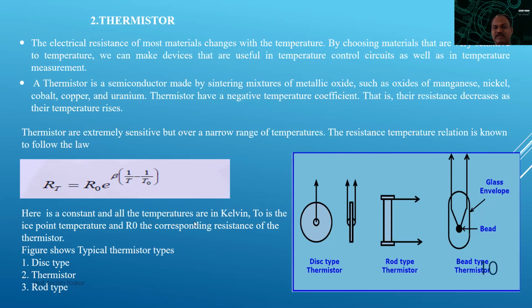Here beta is a constant and all temperatures are in Kelvin, T0 is the ice point temperature and R0 is the corresponding resistance of the thermistor. These are the types of thermistors which we have shown in the diagram: disk type thermistor, rod type thermistor, and third is bit type thermistor.